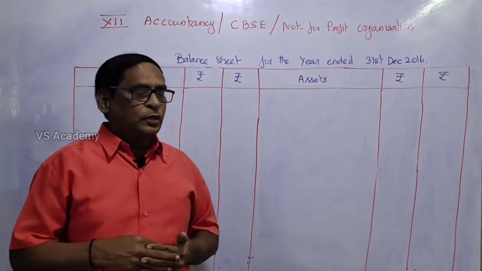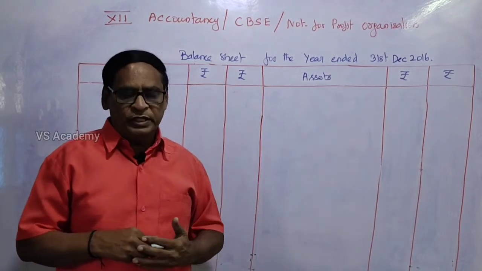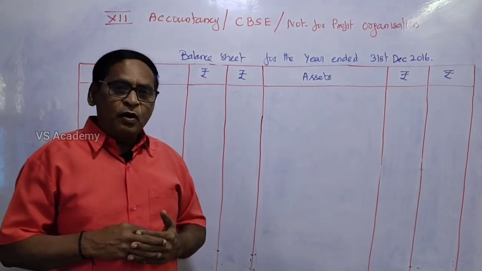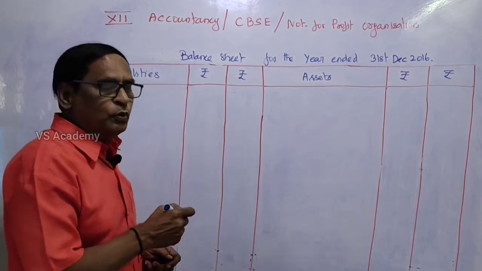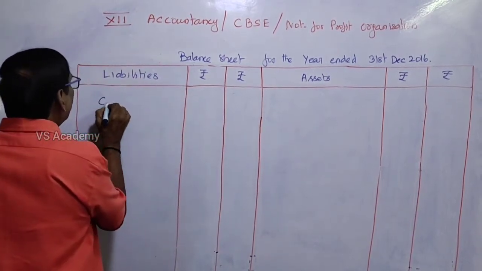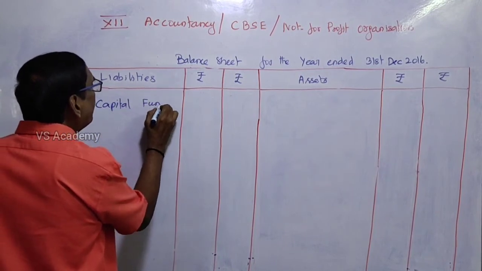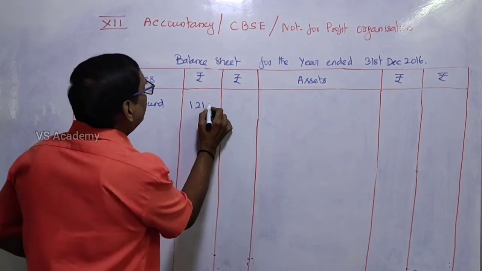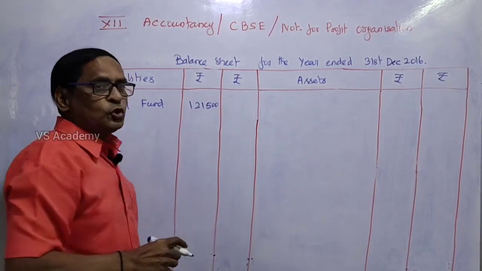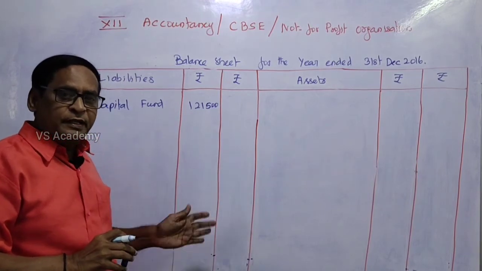Now let us prepare the closing balance sheet, that means the balance sheet for the year ended 31st December 2016. We had already found out the capital fund. So the capital fund, how much? 1,21,500. So we have ascertained the deficit. We have to deduct the deficit amount.